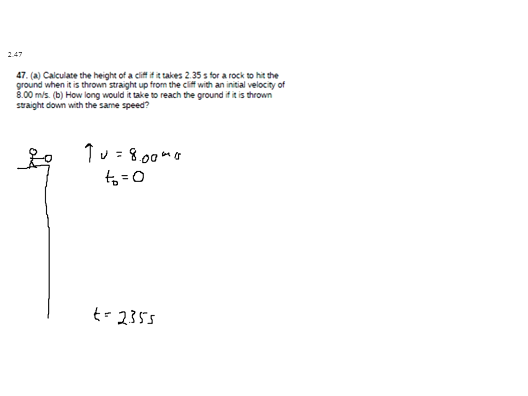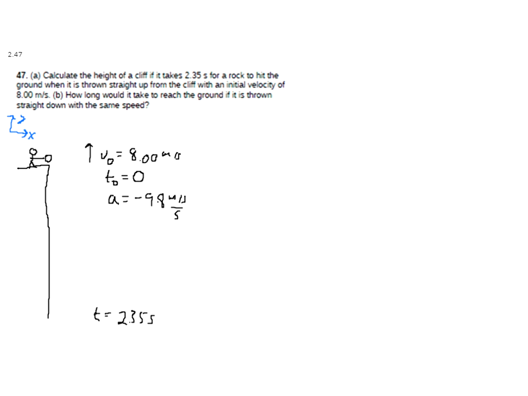So we know the acceleration is negative 9.8 meters per second squared, and that is predicated on using the traditional up being positive, down being negative.